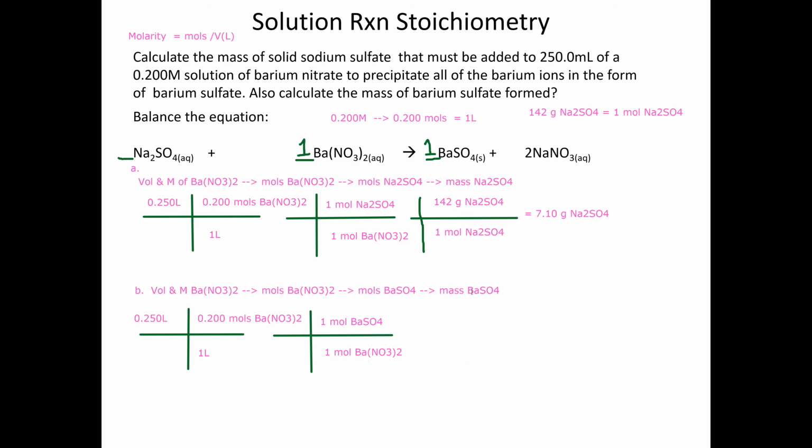Next, we need to convert this to mass. So we need to know the molar mass of barium sulfate. So we know that 233.3 grams of barium sulfate is equal to 1 mole of barium sulfate. Now, since we're starting with moles of barium sulfate on top, it's going to go on the bottom in our next train track.